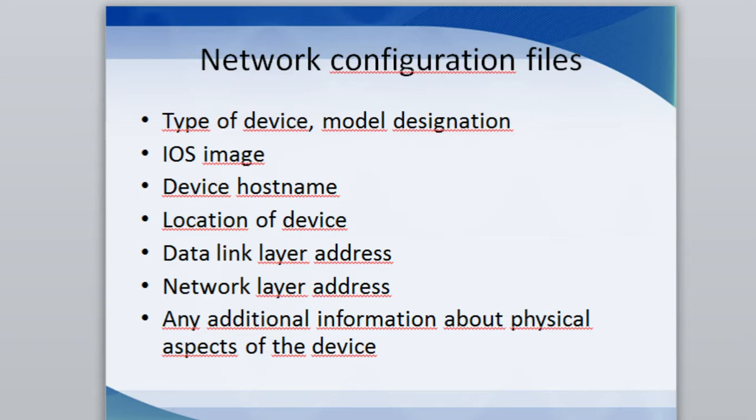And the type of information that we have in these files is the type of device, as I said earlier, what it is, the model designation of the device, the iOS image, the host name of the device, the physical location of the device, the data link and network layer addresses of the device, and in case it's needed, any additional information about the physical aspects of the device.